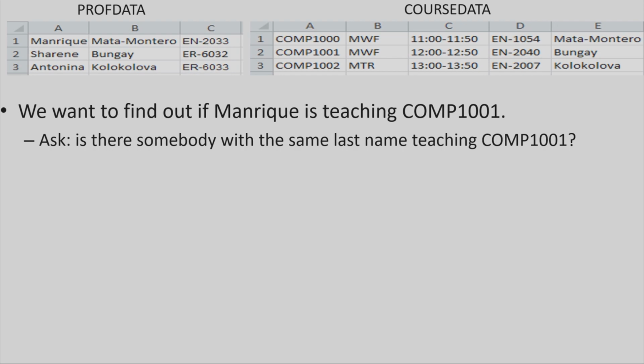Even to ask this query, we would already need quantifiers, because what we would want to say is there are some values for the second, third, and fourth columns, so that together with those values, COMP1000 in first and Manrik in the last one, we would get an entry.